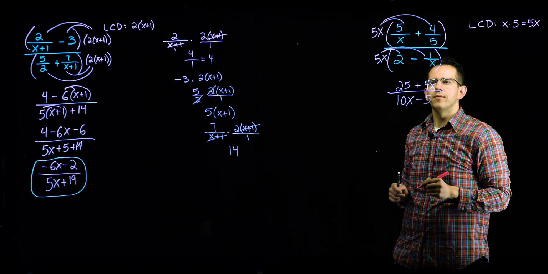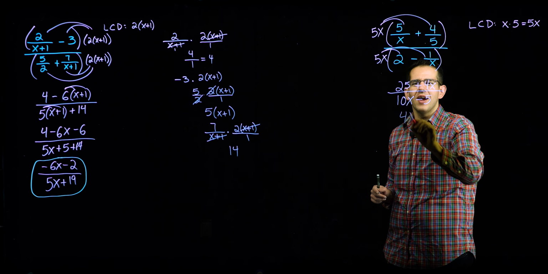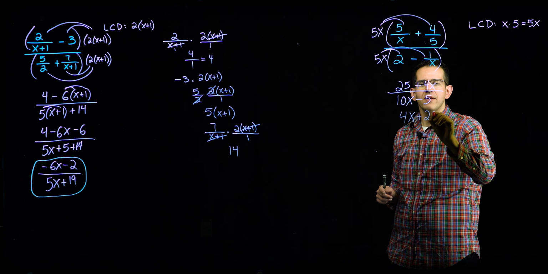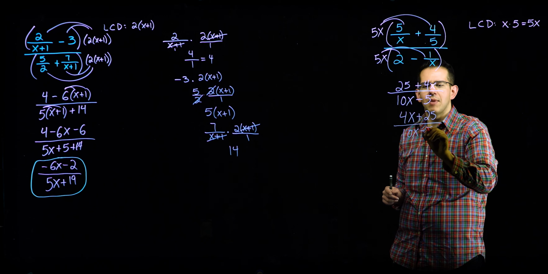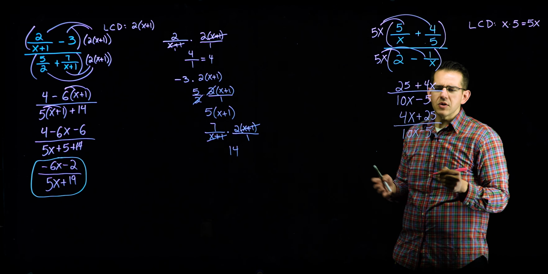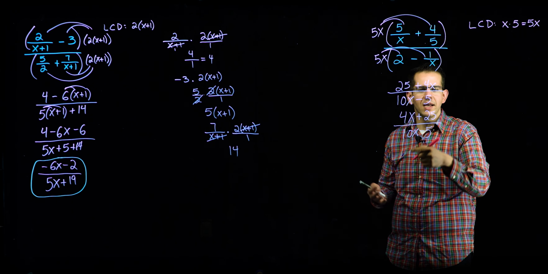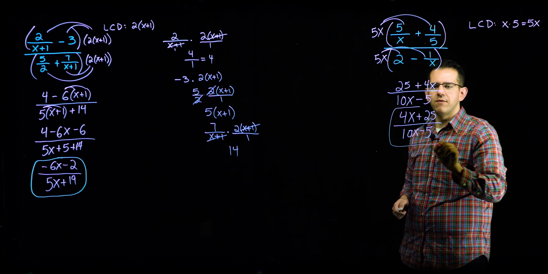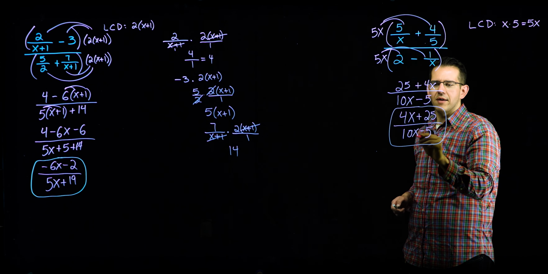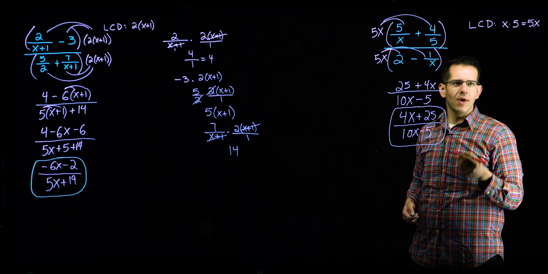And again, just for good habit, we're going to reorder by exponent, which gives us 4x plus 25 over 10x minus 5. There's nothing that can factor out of the numerator and denominator that will cancel. So we leave this just as it is, and we say 4x plus 25 over 10x minus 5 is a simplified form of this complex rational expression.